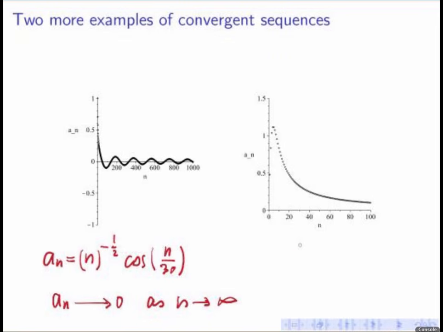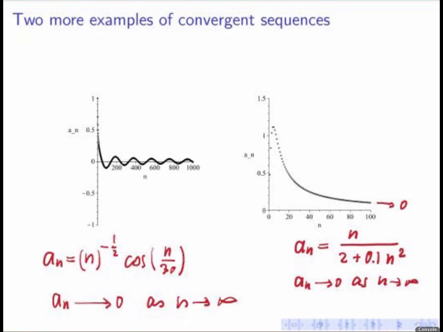For the other example which I have here, this is a_n is n divided by 2 plus 0.1 n squared. Here I can actually prove that a_n goes to 0 as n goes to infinity, and I do this in one of the next slides. Here, first of all, this does go to 0.